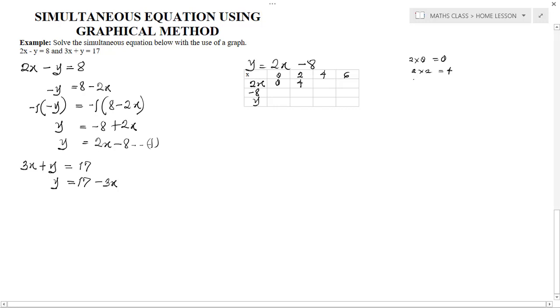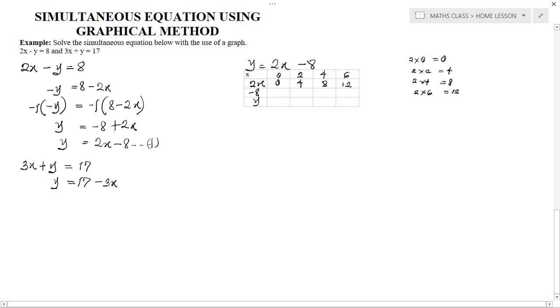When x is 4, we have 2 times 4, that's 8. When x is 6, we have 2 times 6, which is 12.